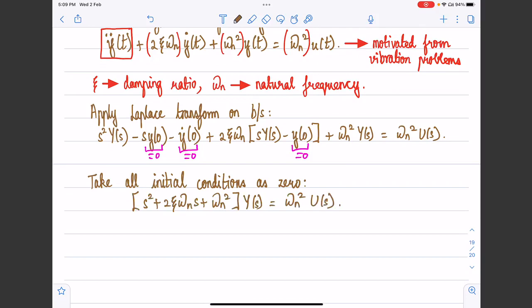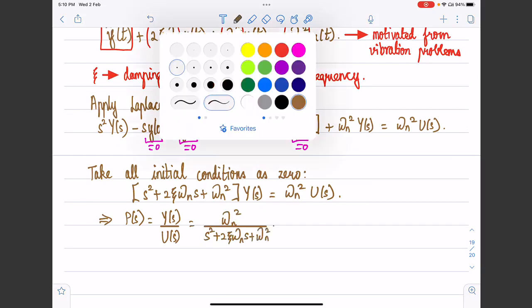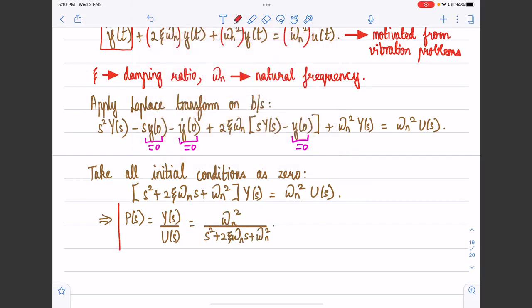Then if we cross multiply, the transfer function, which is the Laplace of the output variable to the Laplace of the input variable, will be omega n squared divided by s squared plus 2 zeta omega n s plus omega n squared. That is the transfer function for this standard second order system.